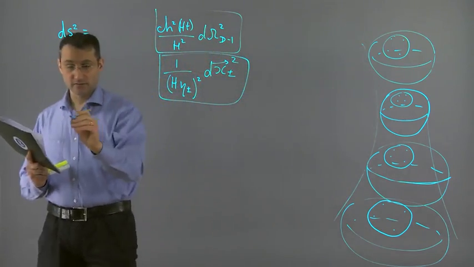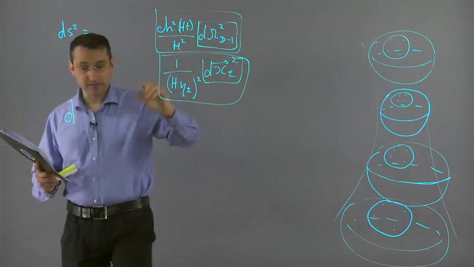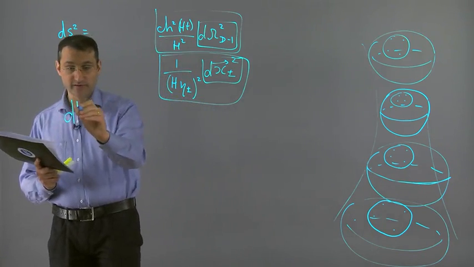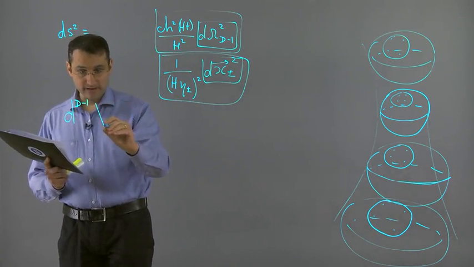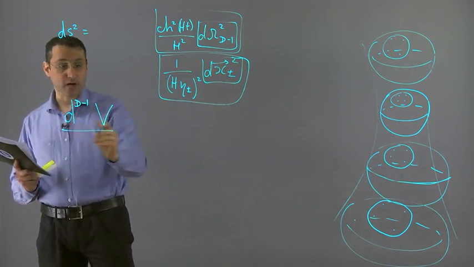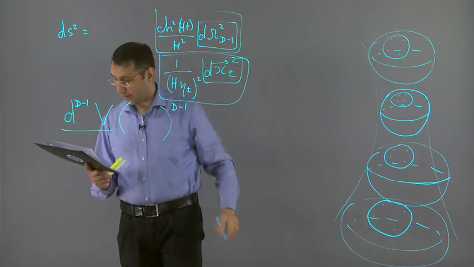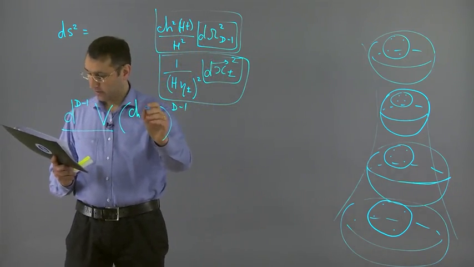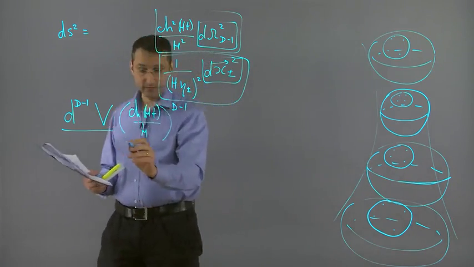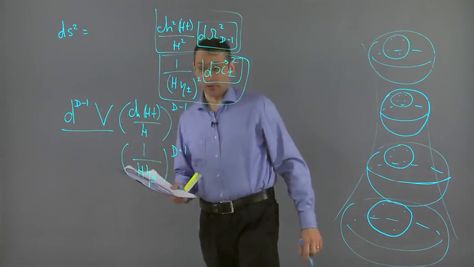So we have dV, the volume measured by these coordinates, times the volume factor which follows from here: d minus 1 V following from here or here, multiplied by the appropriate d minus 1 power of this scale factor. For example, in this case, it's just cosine ht divided by h. And in this case, it's 1 over h eta plus minus. So this is the physical volume.